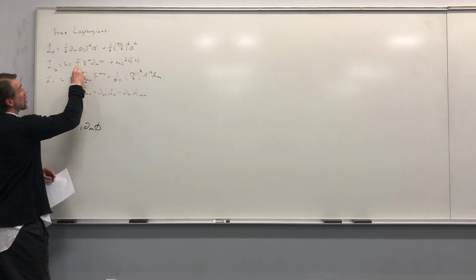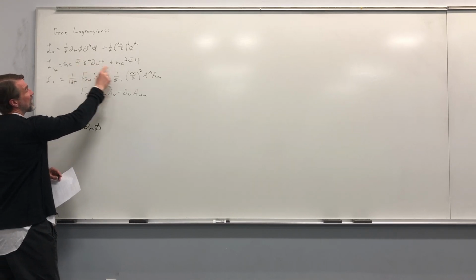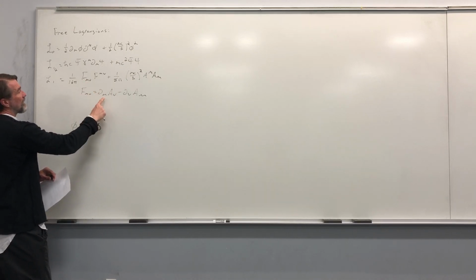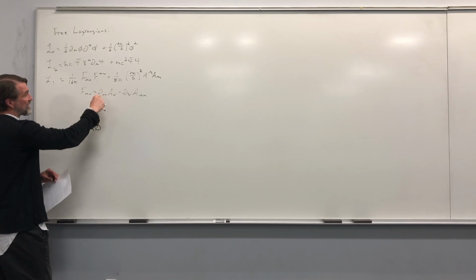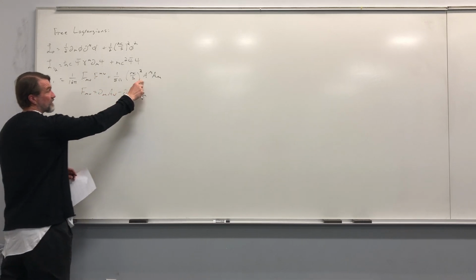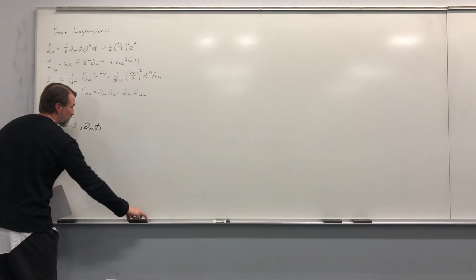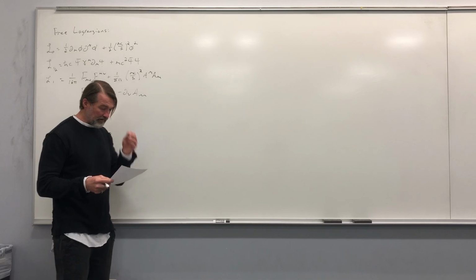This is quadratic in the field and the derivative of the field. That's a weird combination, but that's spinors. And this is quadratic in the spinors, and then this is quadratic. This is linear in the derivative, but so is this, and these are multiplied together, so it's quadratic in the derivatives, and this is quadratic in the fields, okay? That is going to be an important observation, which we'll look at later in more detail.